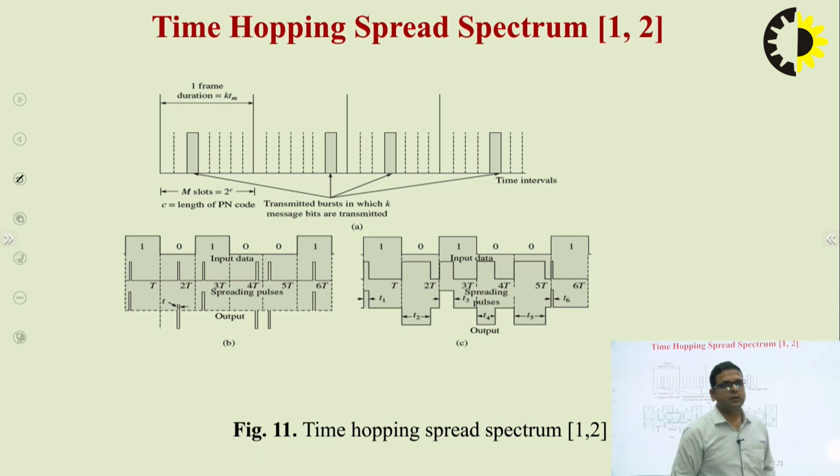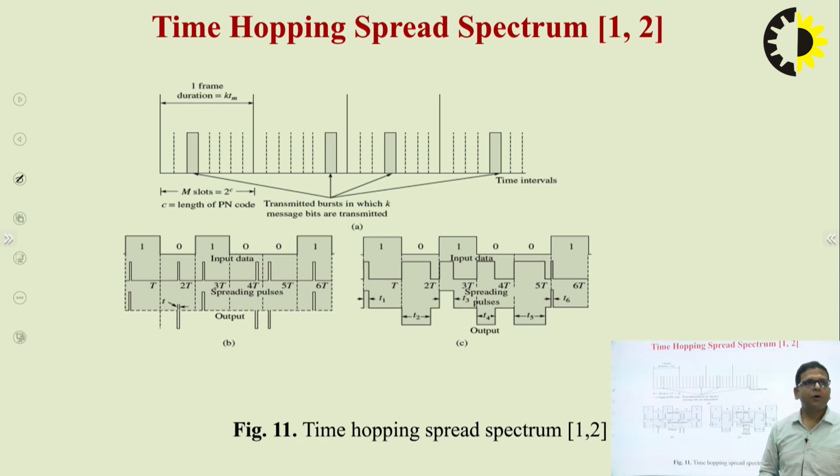The next spread spectrum is time hopping spread spectrum. In time hopping spread spectrum, the data is transmitted in a sequence of short pulses at different time instants, and these time instants are decided by a PN sequence.